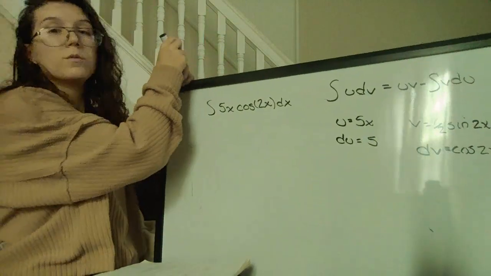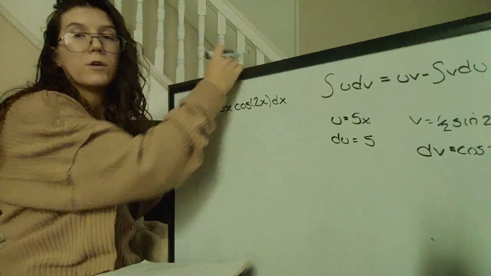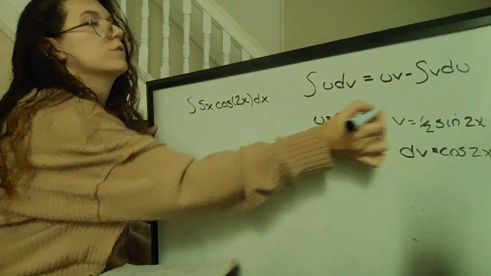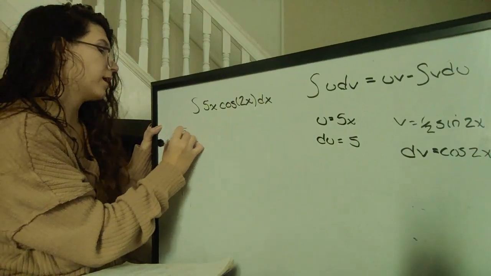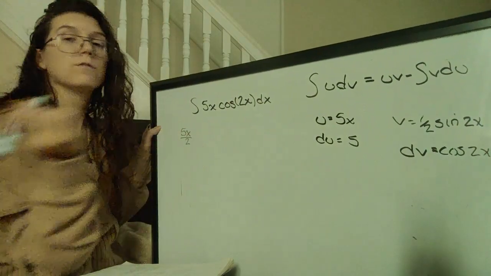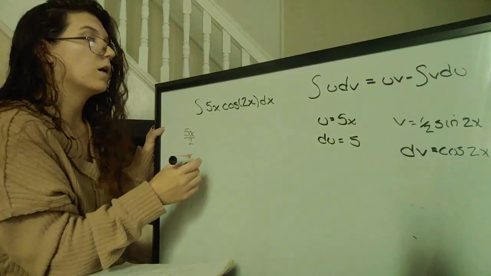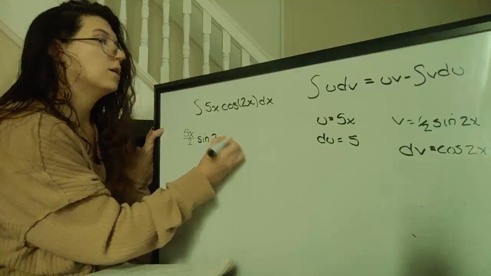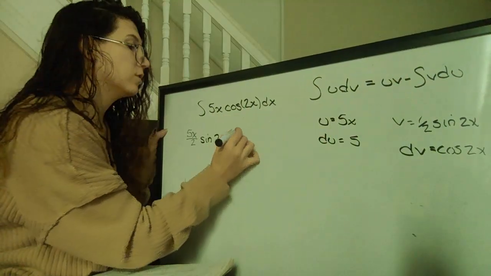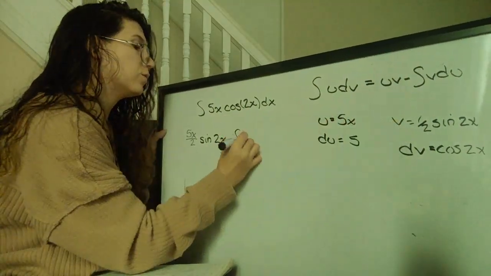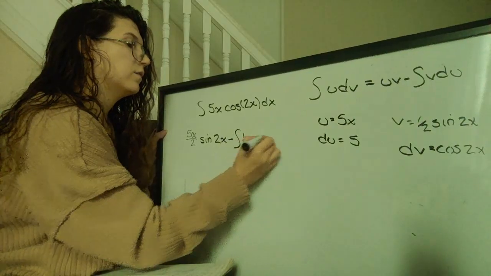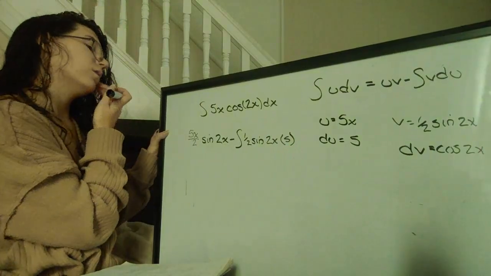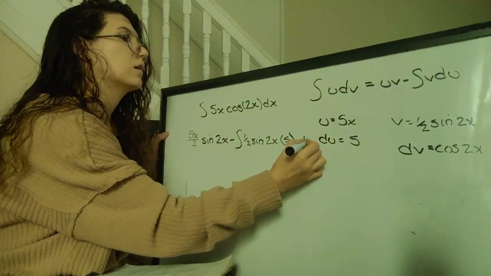All right, so now I'm just going to apply this formula. So I have a u and a v. There she is. So I'm just going to say this is 5x times 1/2, or just 5x divided by 2, times sine 2x minus the integral of v, 1/2 sine 2x, times 5 dx.